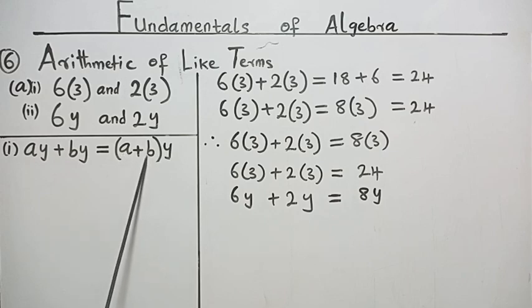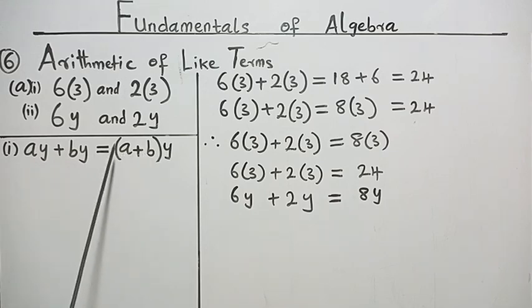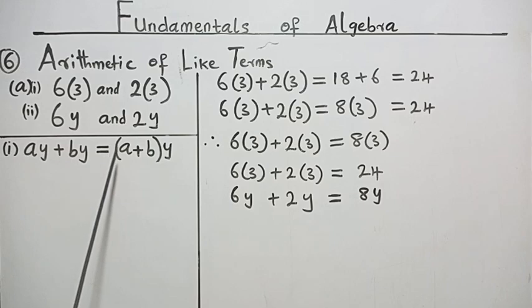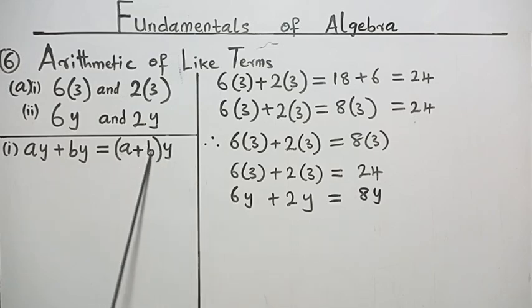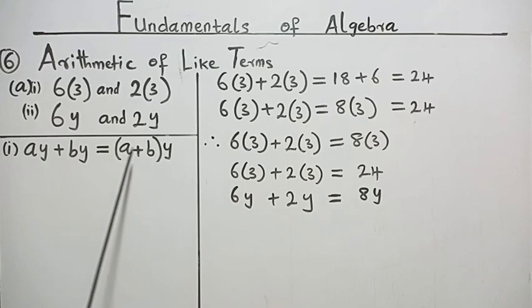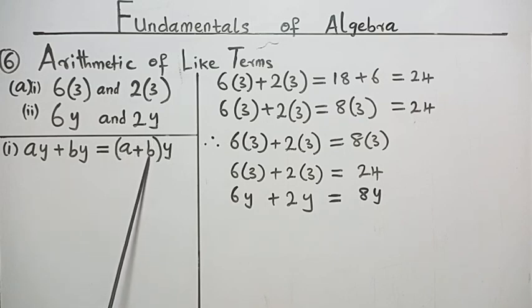Likewise, A plus B. We cannot give any answer to A plus B because we don't know whether the constant A will remain 6 all the time and B will remain 2 all the time. If we are sure that A will always remain 6 and B will always remain 2, then we should write 8 here.